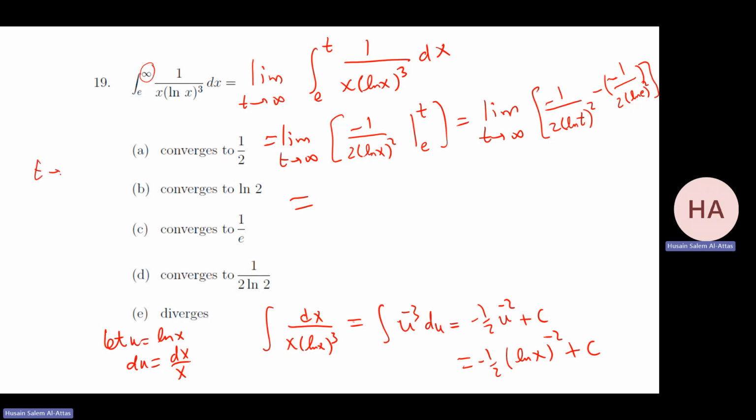If t goes to infinity, then ln t goes to infinity, then (ln t) squared goes to infinity, but 1 over (ln t) all squared goes to 0. So I have here 0, but here I have 1 over 2 ln e, so it's 1 over 2. ln e is 1, squared, that will be just 1 over 2.